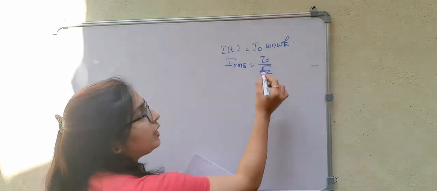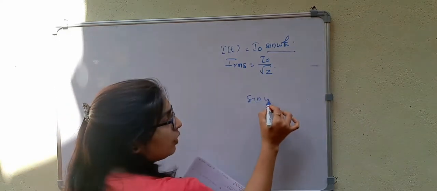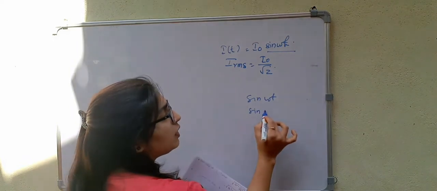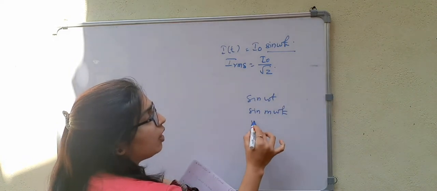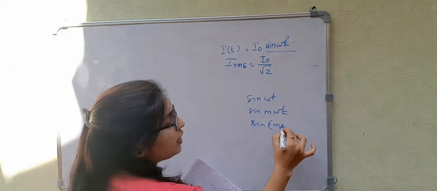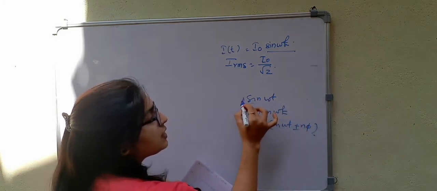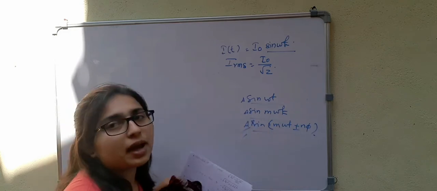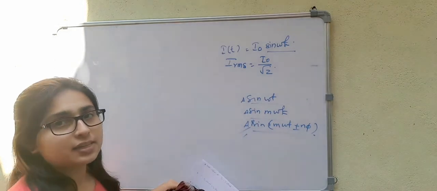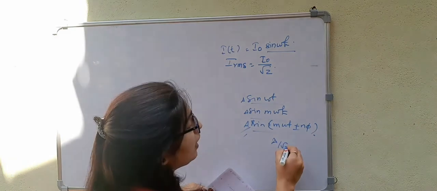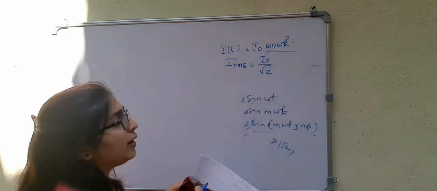If it is sine omega t, or sine m omega t, or if you have the phase shift plus or minus n phi, whatever it is, in this case you will have the RMS value equal to A divided by root 2. So it is I naught by root 2.